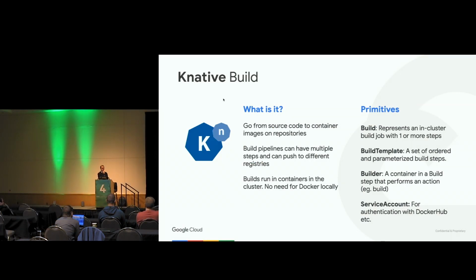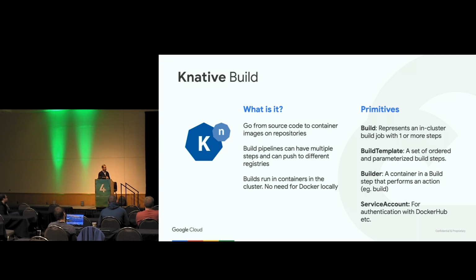So what is build? It basically enables you to go from source code to a container image in a repository. That's all there is to it. You can build very complex pipelines using the YAML file and define multiple steps for your build. They can build containers and it can build other things as well.